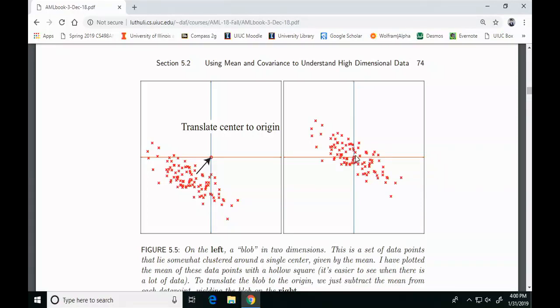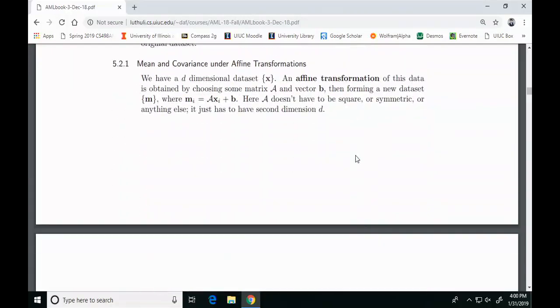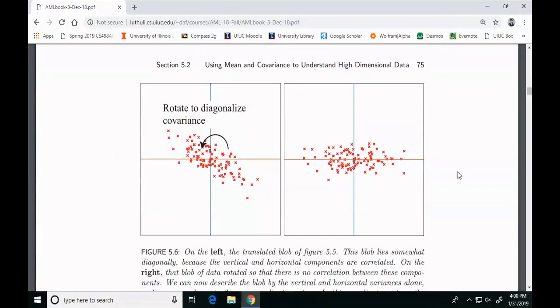Then the next step is to rotate the data. We're going to choose some rotation matrix and multiply that 0 mean data cloud by that rotation matrix. So we'll go from this 0 mean cloud of points into this sort of arrangement.